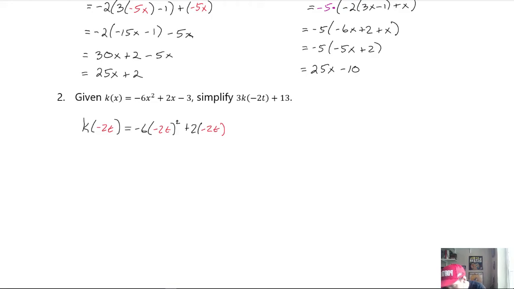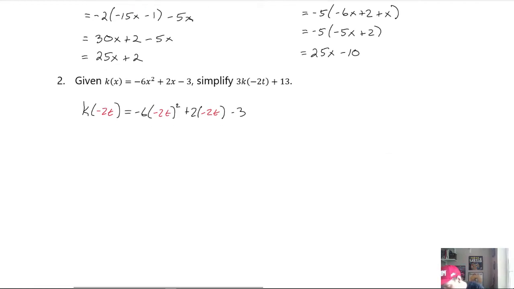Negative 6 times negative 2t in parentheses squared plus 2 times negative 2t in parentheses, and then minus 3. We're bringing that down from the original expression for k of x. And we've now replaced the x with negative 2t, and we'll simplify this. Bring down the negative 6, and then when I square negative 2t, this is going to be times 4t squared.